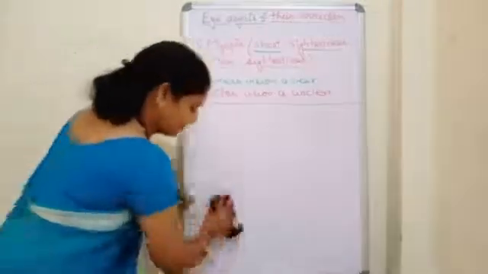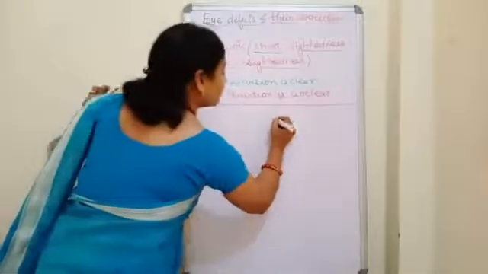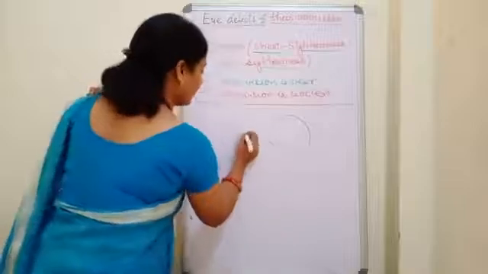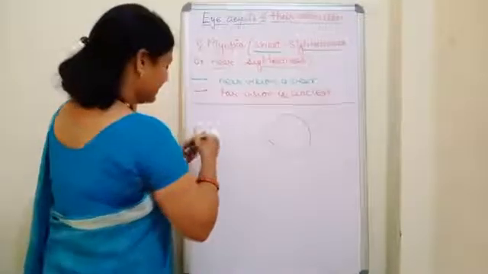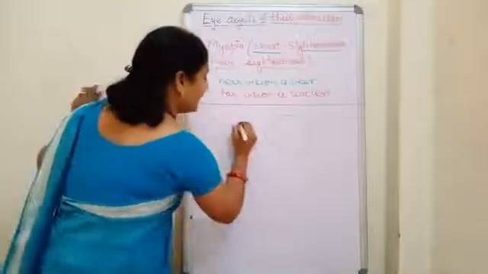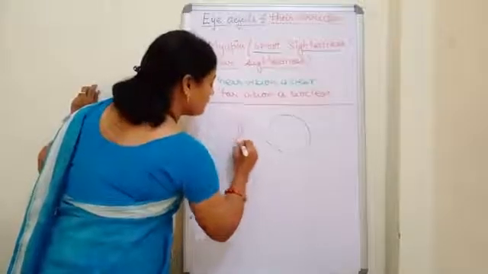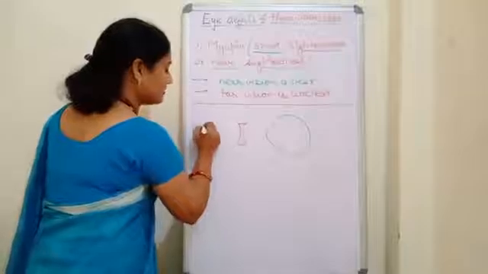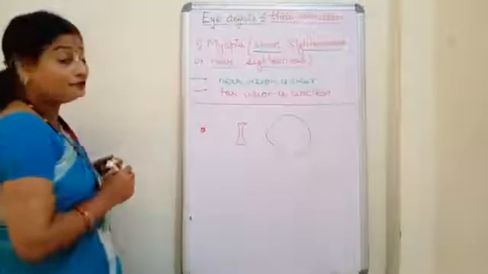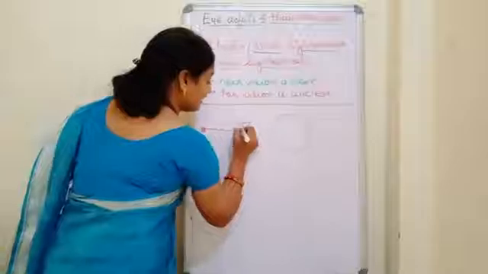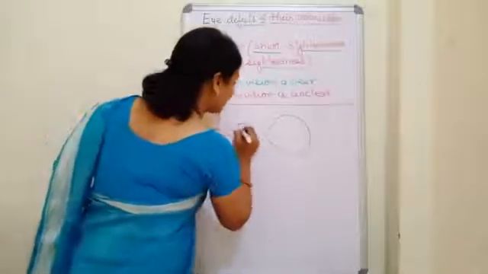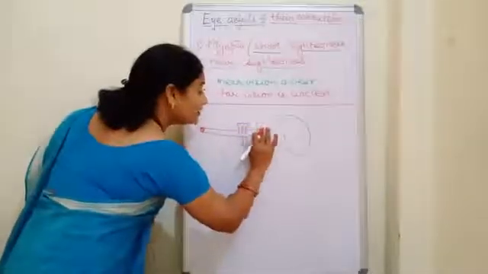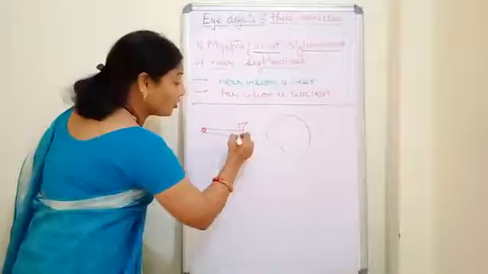Now see, this is the defective eye, and here I am going to use one concave lens. If I use the concave lens and the ray is coming from the far, that ray would already become parallel, but it will not remain parallel because of the presence of the concave lens.